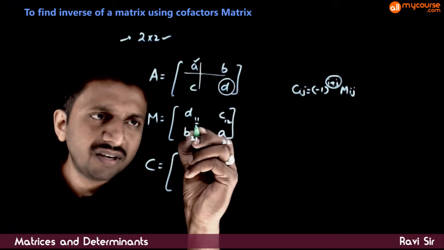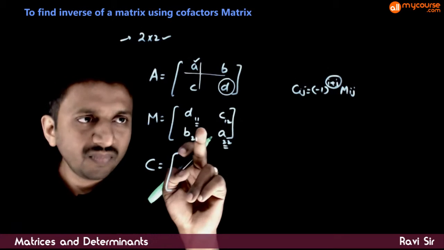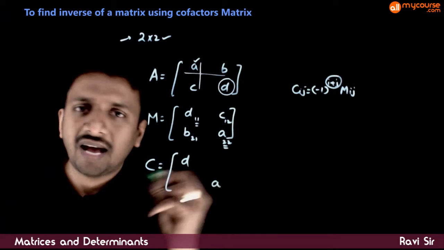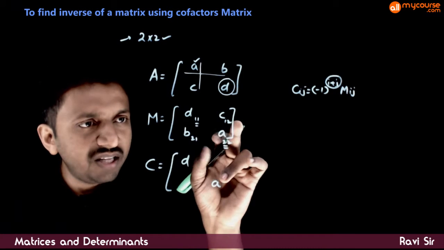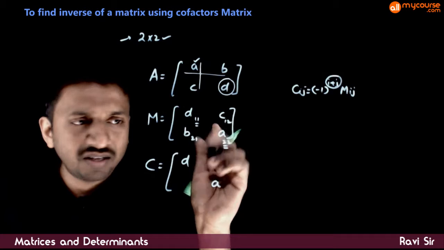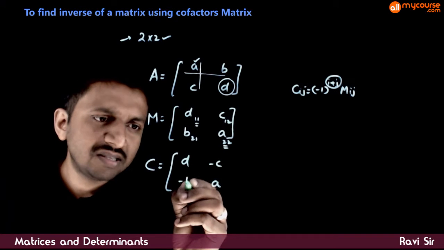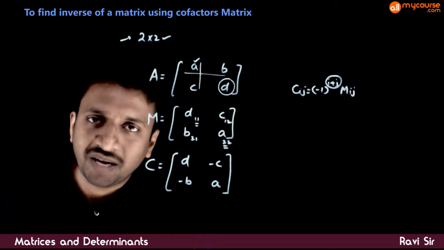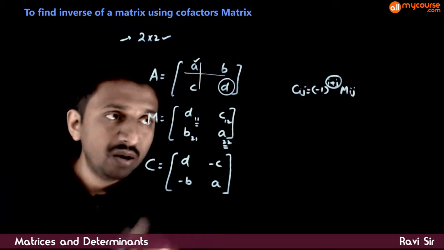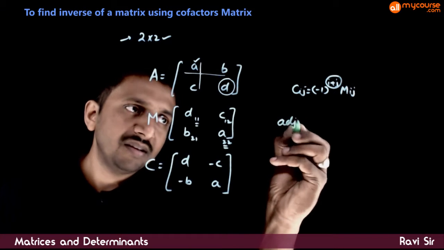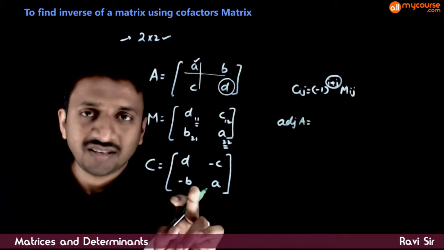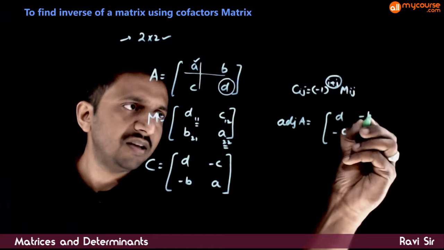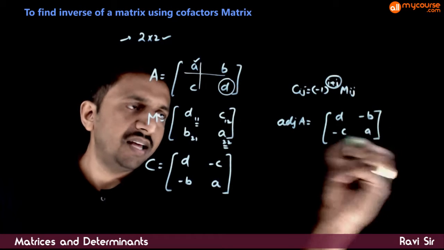You can see that for these two elements, i plus j is even, so these two elements are intact. And for these two elements, i plus j is odd, so you need to change the sign of these two elements. So this is the cofactors matrix. Now, what is the adjoint of A? Adjoint of A is the transpose of this: D, minus C, minus B, and A.